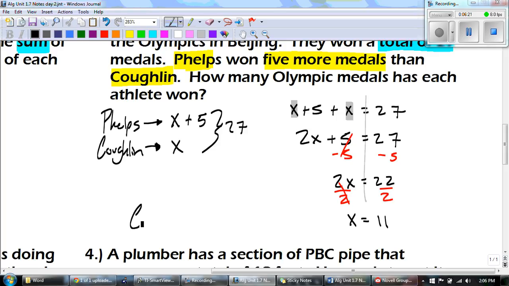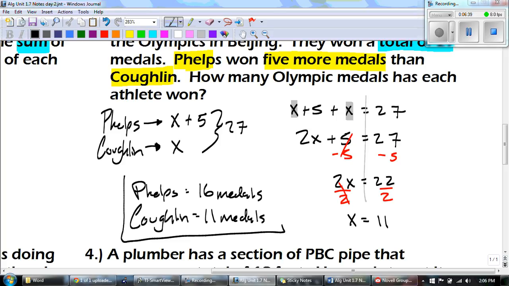So my x is Coughlin, and she has 11 medals, but Phelps has 5 more. So that's going to be 16. Now, if you're like, Mr. Grice, I don't know if that's right. What's 11 plus 16? Last time I checked, that's right, 27.